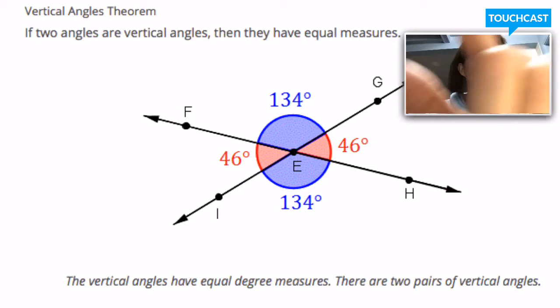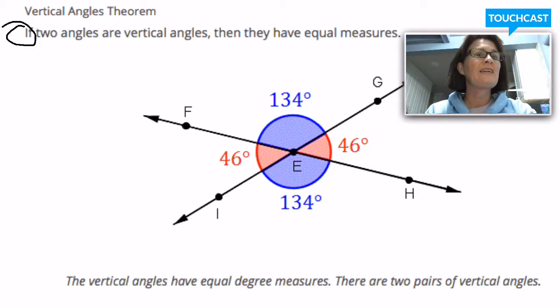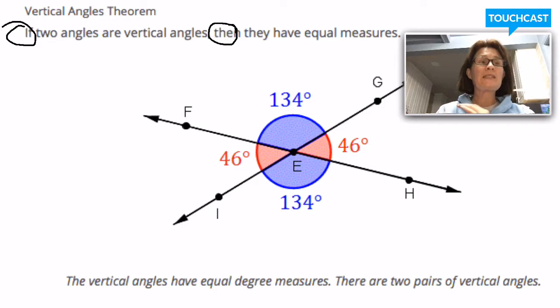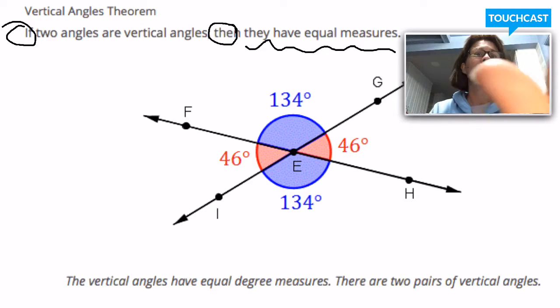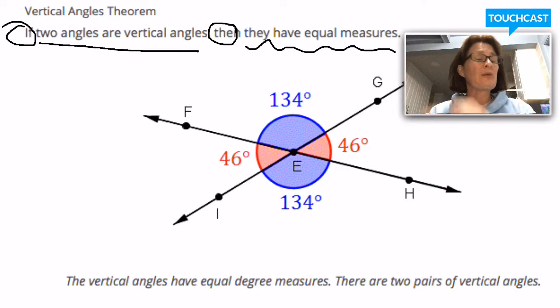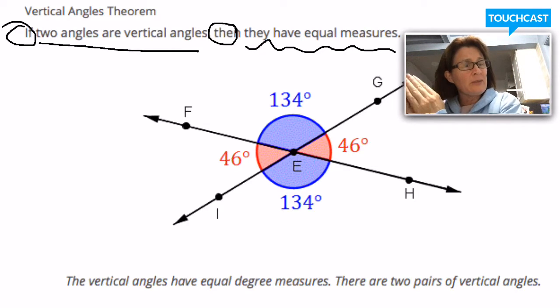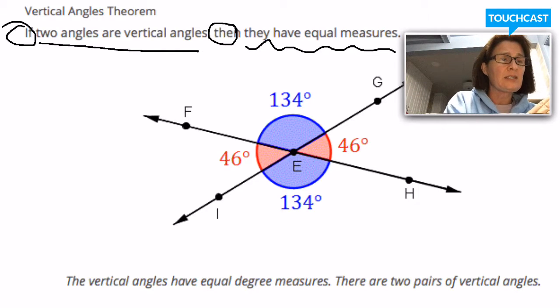Notice here two important parts of the theorem. We have this word if and then. So if two angles are vertical angles, which means don't bother trying to convince me that two angles always have equal measure. This only applies if the two angles are vertical angles. So it's the part that has to be true, and if you promise me that part is true, then the rest of this will be true.